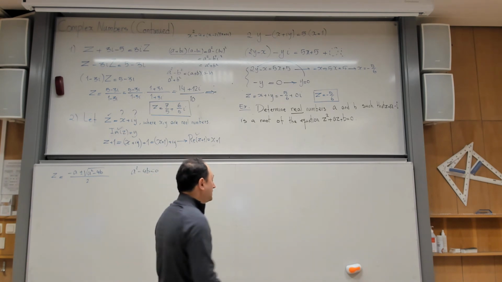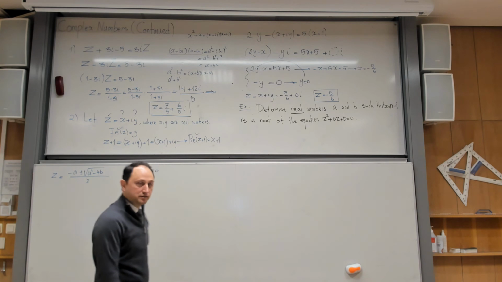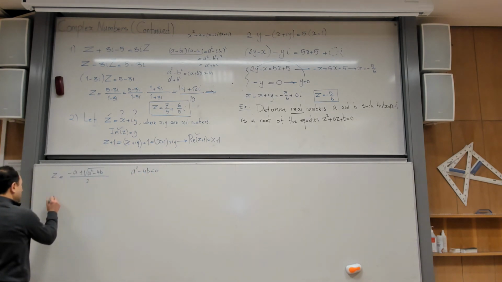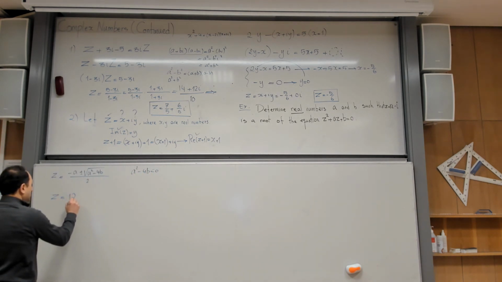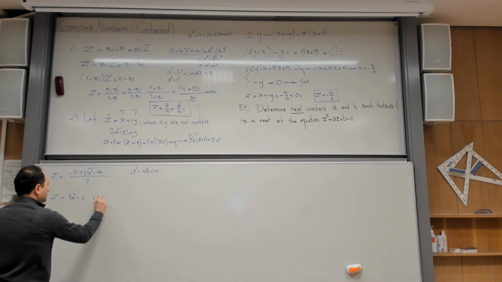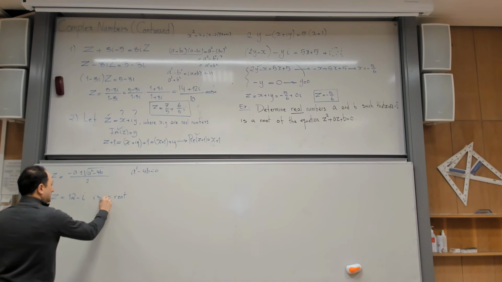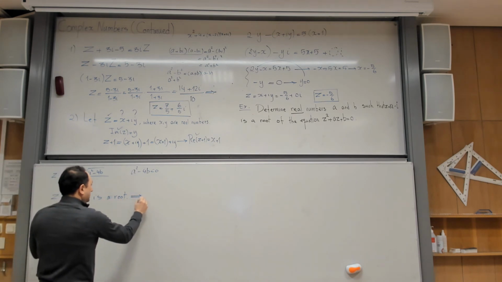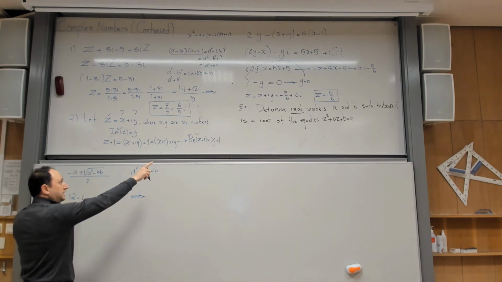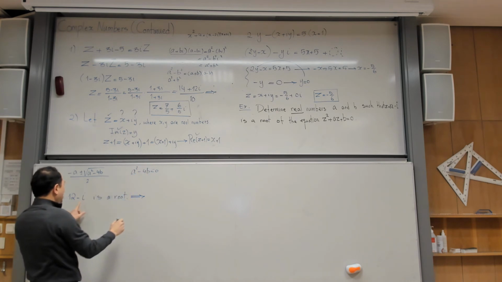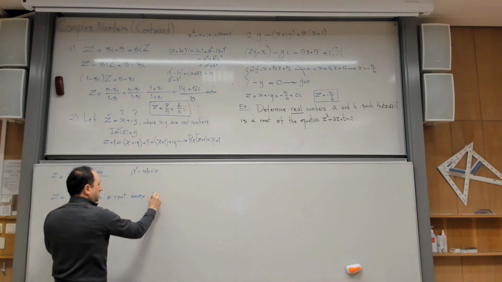That's good, and you will see this method will work better. So I would say that z equals 12 minus I is a root. Then it implies that if I replace the z in the equation with this given number, it should work.